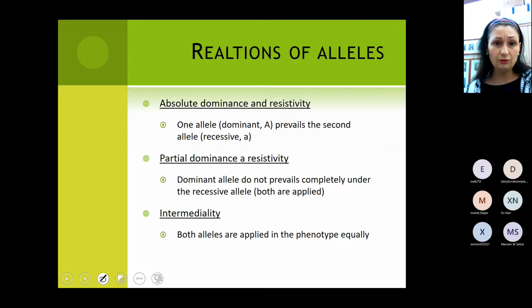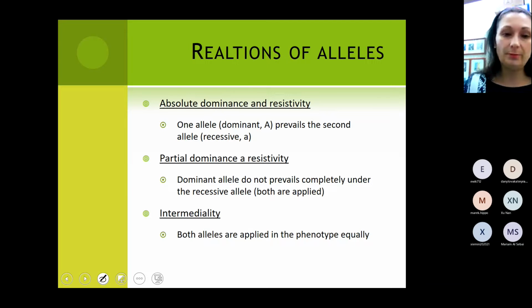It works for the blood groups, for example, but it is less valid for the color of eyes, color of hair, and so on. We are talking about so-called partial dominance. It means that one allele is slightly less dominant than the other one, and the final feature, the final trait, is created by the cooperation of these two alleles.